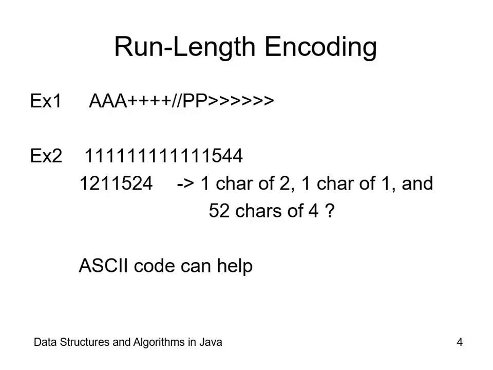But again, if you try to add a lot of things, it might turn out it does not really reduce the size. The length of this one may be the same as this length, so it's not really compressed. So run length does not work in many cases. It works in some cases, but it is very famous in the zip file. Why does it work in the zip file?